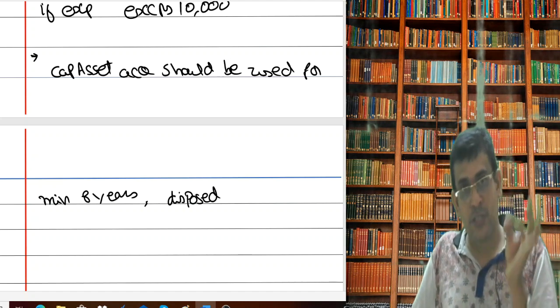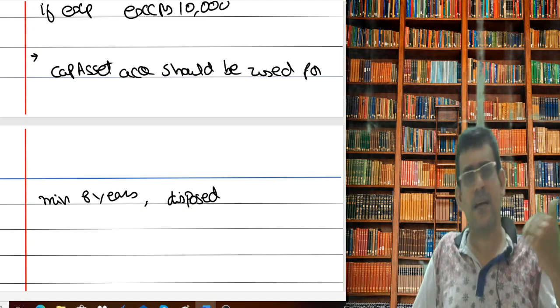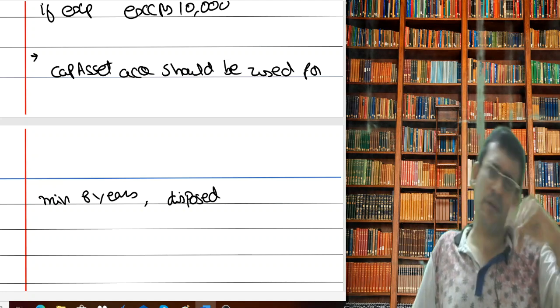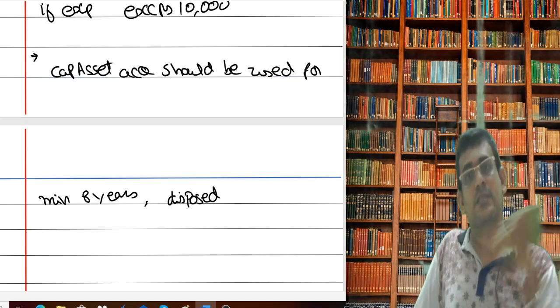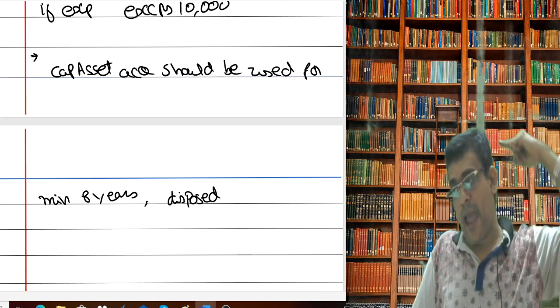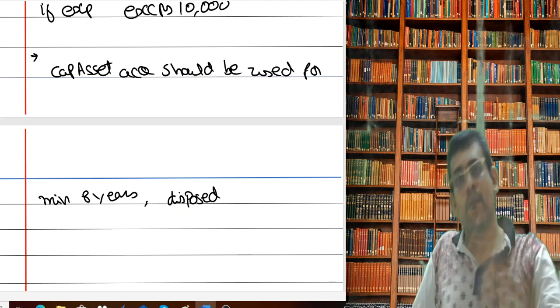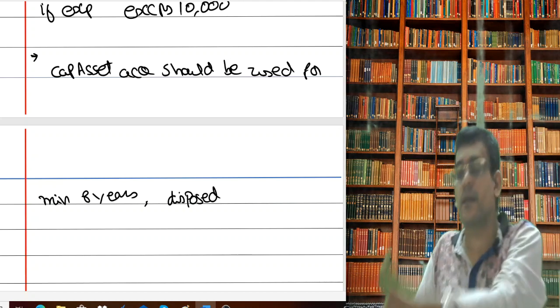The plant and machinery cost is 15 lakhs. You are taking 15 lakhs as deduction, 100% of your 15 lakhs. Now the asset is disposed within the period of 8 years. What section 28 says: whatever amount of deduction allowed earlier becomes taxable.